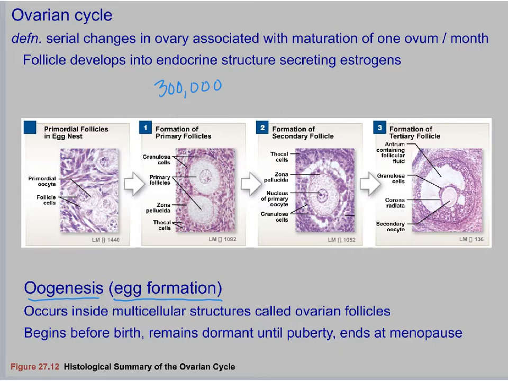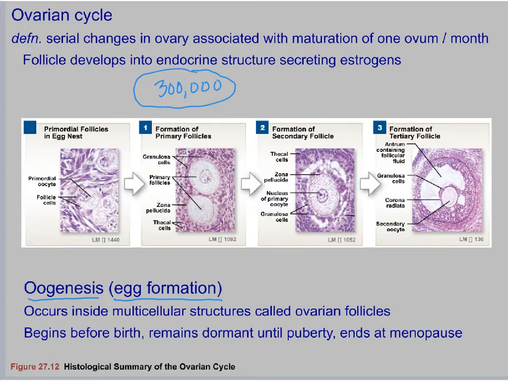And this is in stark contrast to spermatogenesis, or how sperm are produced. Sperm can be produced beginning at puberty all the way up into 60, 70 years of age, so the males have essentially an unlimited supply of sperm. Females have a limited supply of eggs.